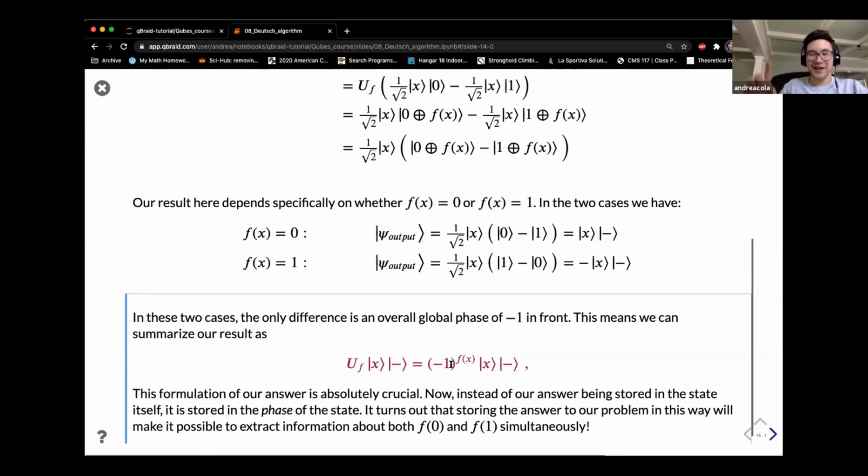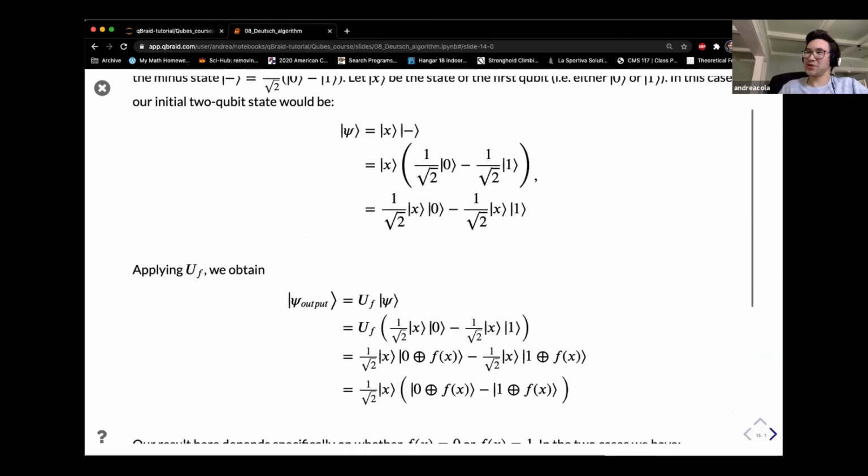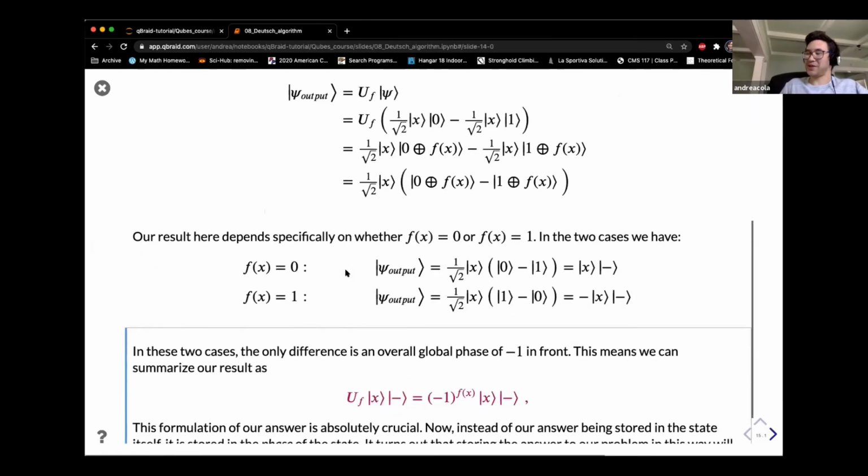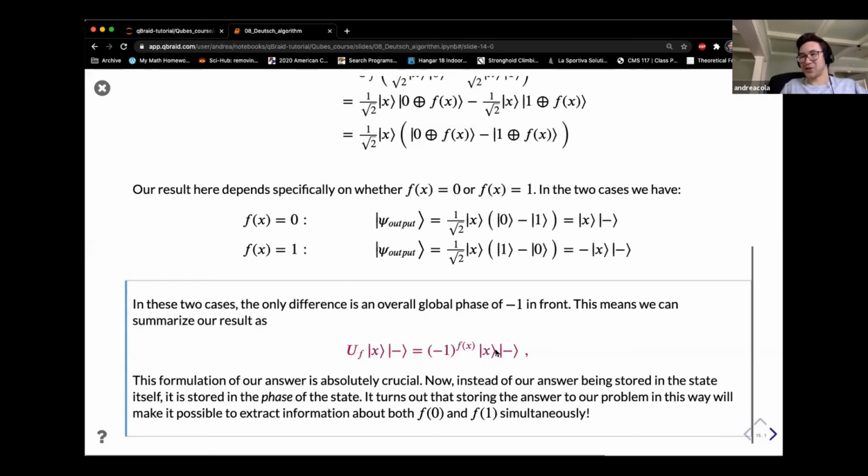After James's lecture, unfortunately we have this hard constraint, but after his lecture, I'll get back to this and show you how we can combine the ideas from putting the second qubit in superposition like we're doing here, or putting the first qubit in superposition like we did just now, to get something that's actually useful. Before I leave it to James, just make sure that everybody is happy with this expression.